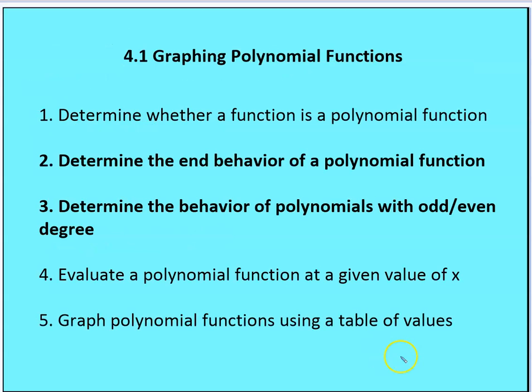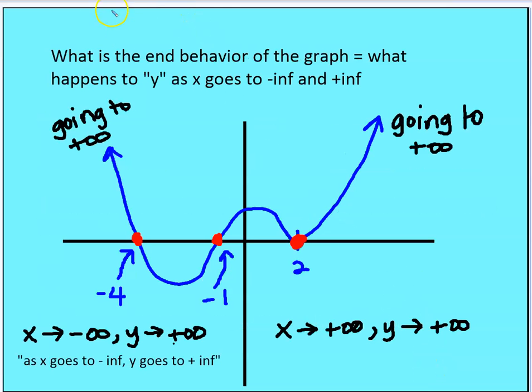Okay, now we want to determine the end behavior of a polynomial function and determine the behavior of polynomials with odd or even degrees. All right, so end behavior of a graph means what happens to y as x goes to positive and negative infinity. All right, so if we take a look at this polynomial, we see that as x goes to negative infinity, y is going to positive infinity.